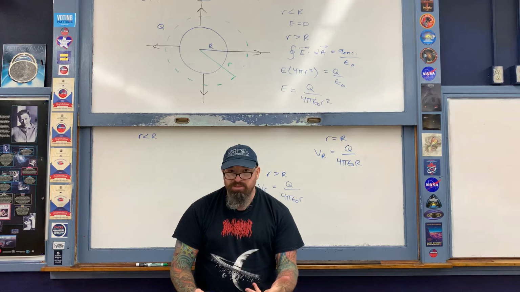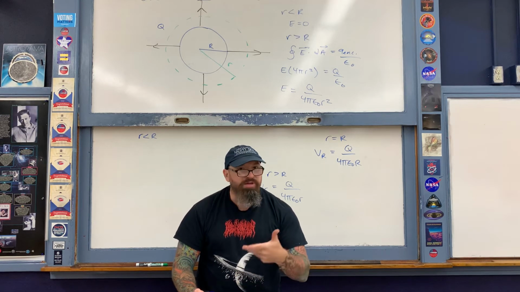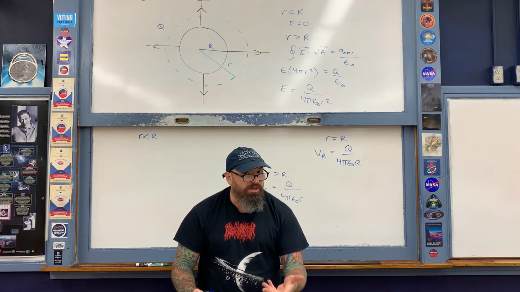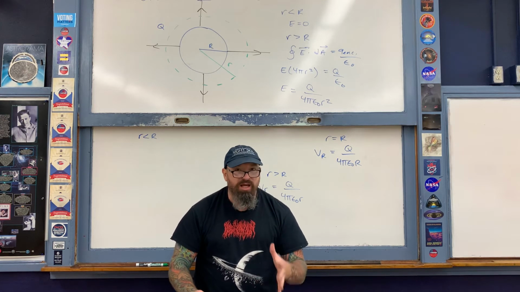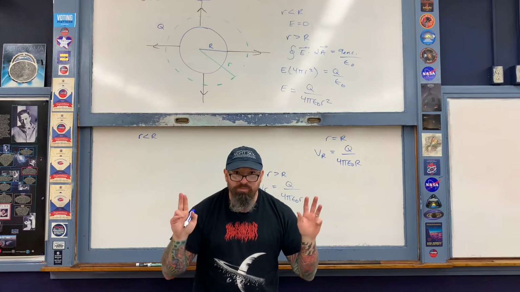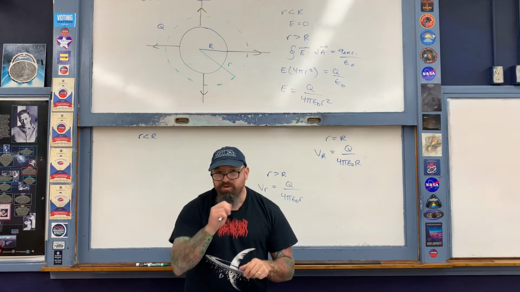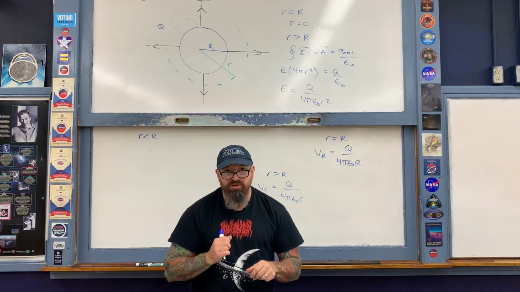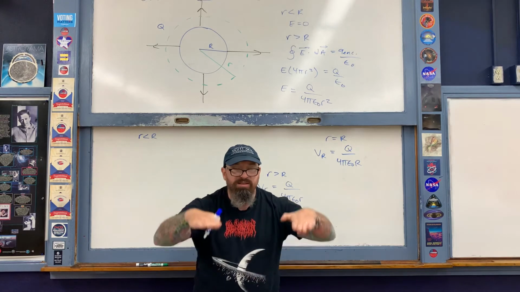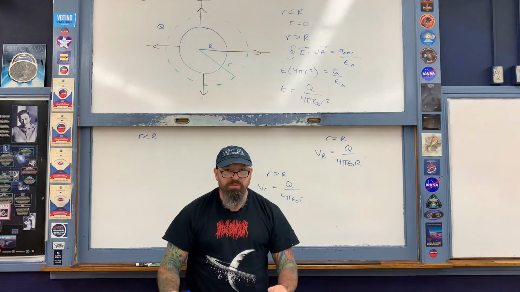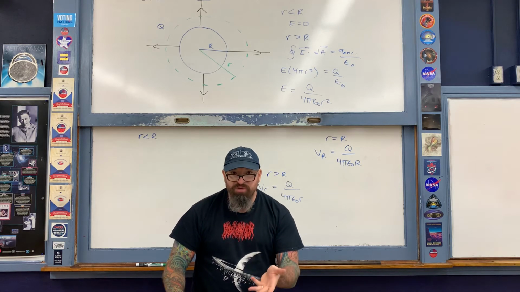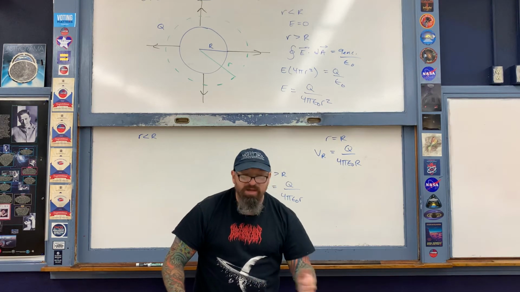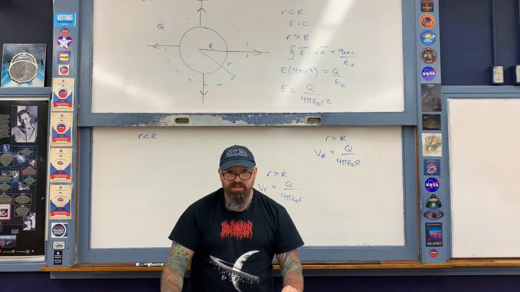Because the electric field is equal to 0, and therefore electrostatic equilibrium has been achieved, this means that the entire sphere is an equipotential surface. Every point within the volume of the sphere itself, if you will, is at the same height, in terms of the topographic map. So this means that the potential at the surface of the sphere is the same as the potential anywhere inside the sphere.